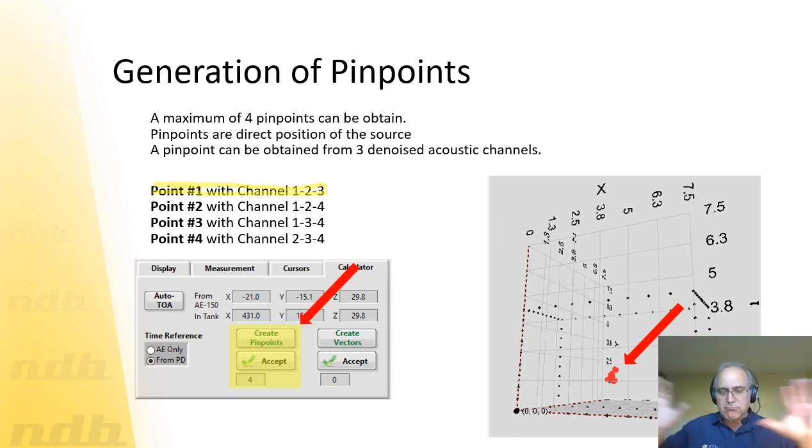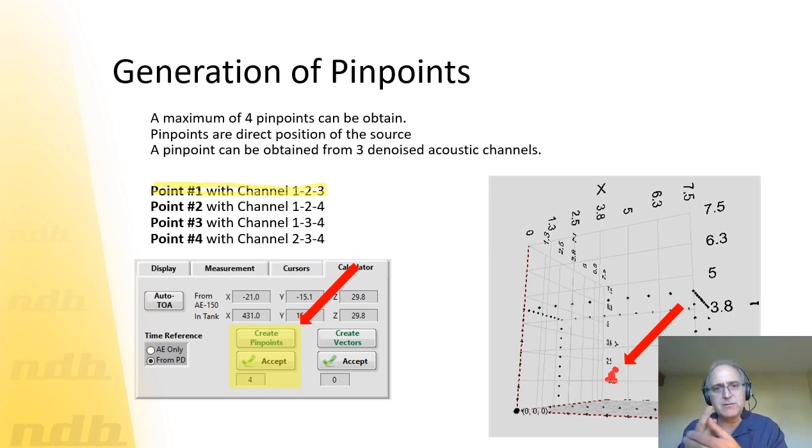But if you get 2 sensors that get hit by acoustic, you have a direction, but you don't know where it is. But if you get 3 denoised channels hit by denoised acoustic, you can get 1 point, a 3-dimensional point. So 1 point will be obtained with channels 1, 2, and 3.